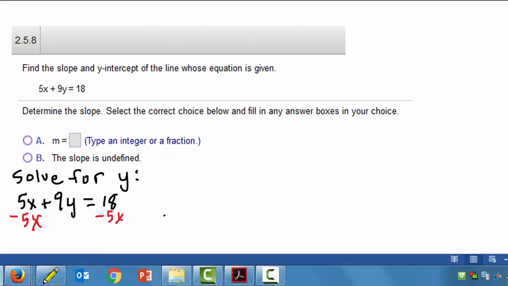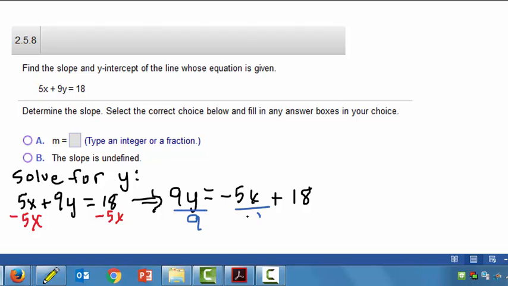Okay, all right. So we now have 9y equals negative 5x plus 18. And we are going to divide every term by 9 in order to isolate y on the left side of our equation. So y equals negative 5/9 x plus 2.